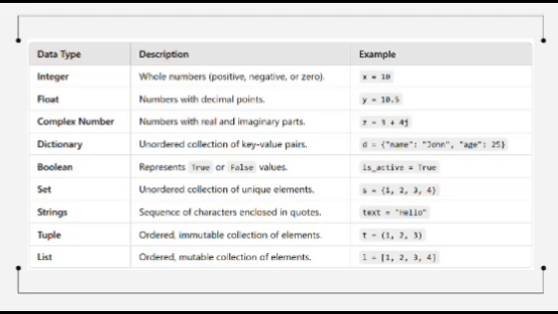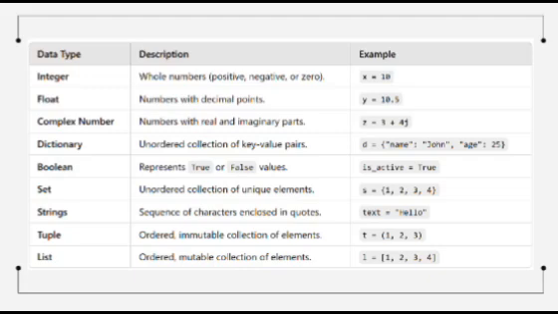Set: a collection of unique elements. So there is no order for a collection of unique elements. There can be any type of elements, so it is said to be a set. String: sequence of characters enclosed in quotes, meaning enclosed in double quotations or single quotations.